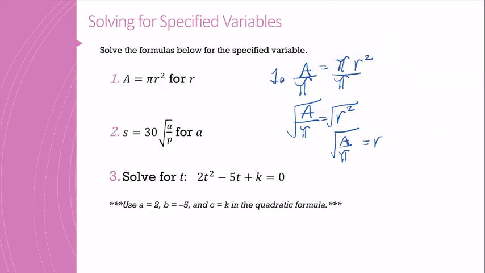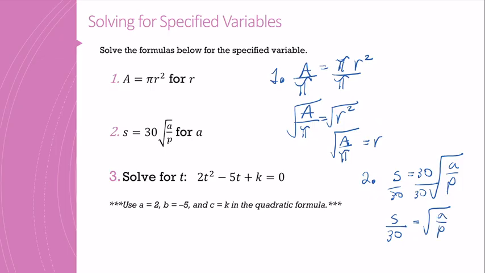For problem 2, I'm going to have s equals 30 square root of a over p. So I need to solve this for a. The first thing I'm going to have to do is divide both sides by 30. I need to get that 30 out of the way. So I have s over 30 equals the square root of a over p.